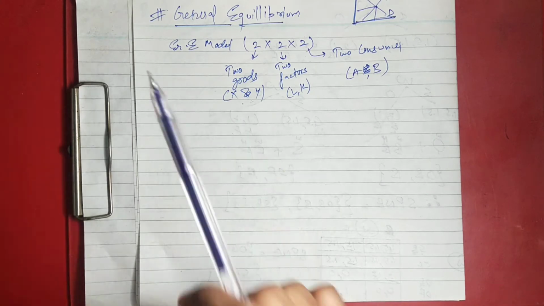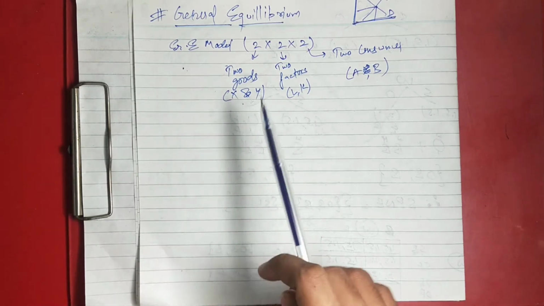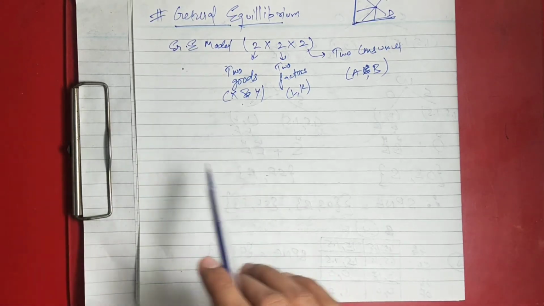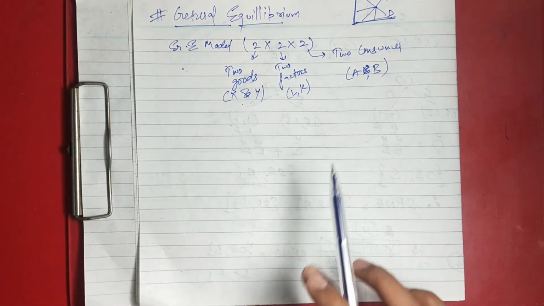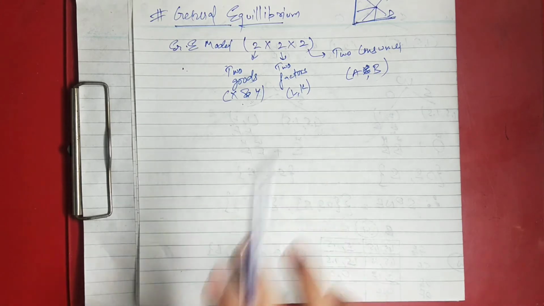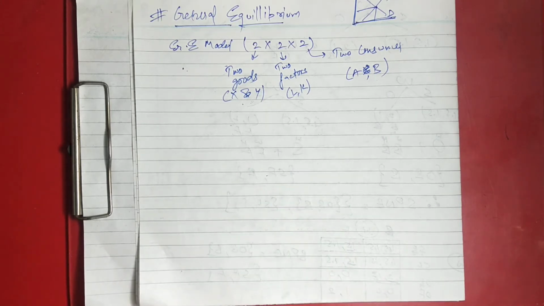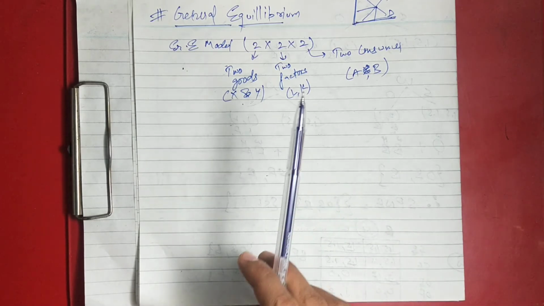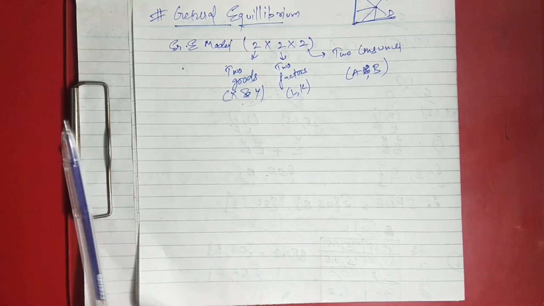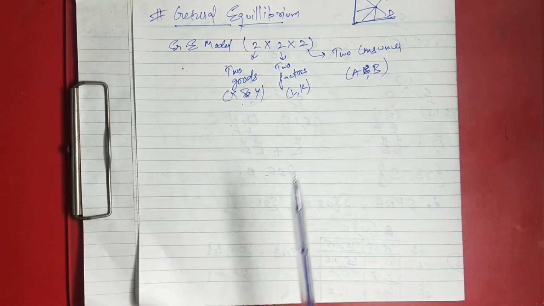So in the general equilibrium model, he is taking all individual decision making units and all individual markets into consideration while determining the equilibrium quantity and price and whatever we will be discussing afterwards. And this all happens simultaneously. Earlier we were taking the others as constant if we were taking one, but now we will take all into consideration simultaneously.